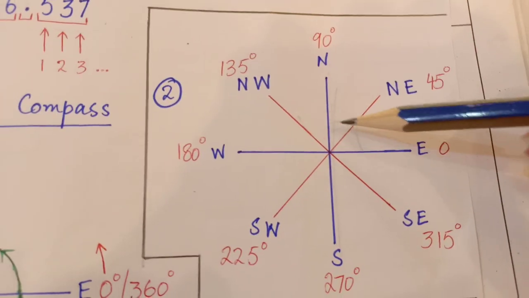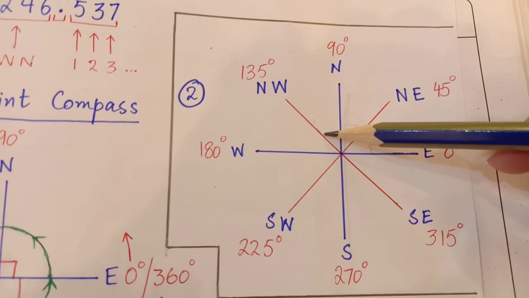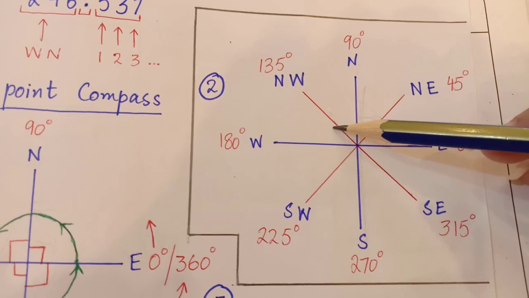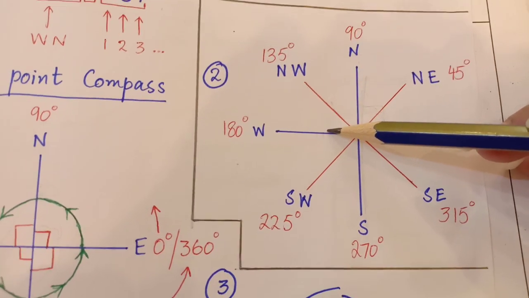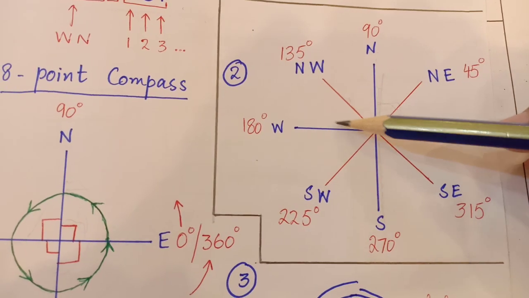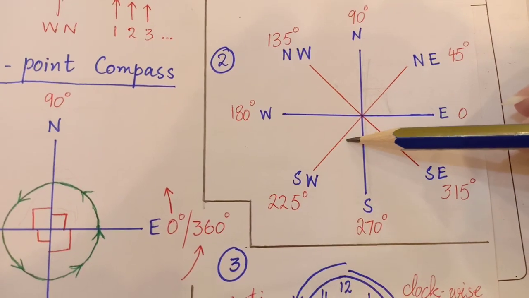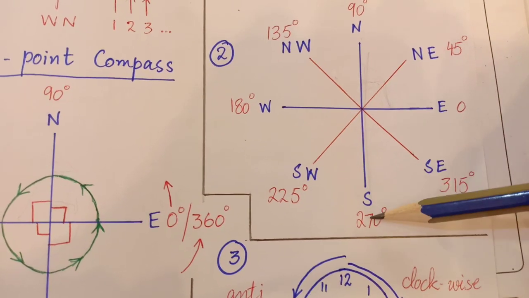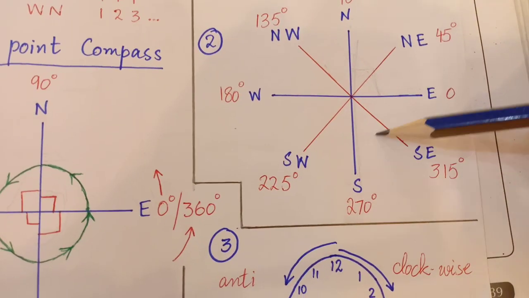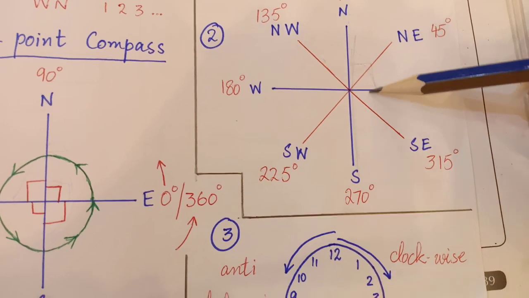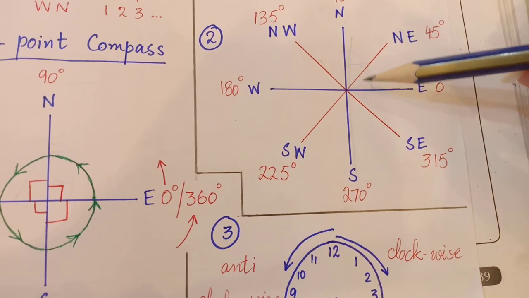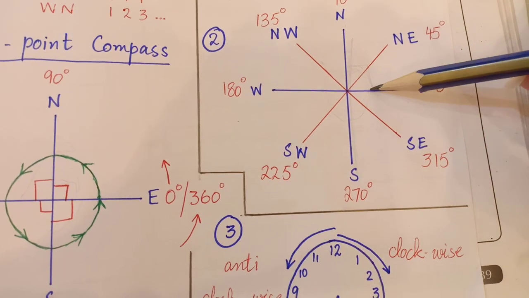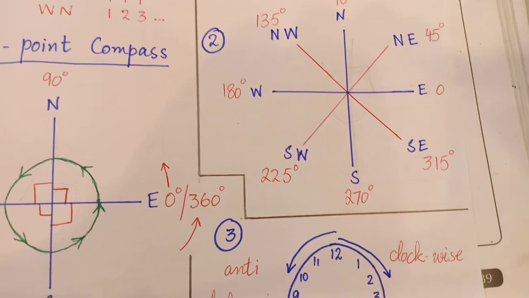So 45 plus 45 is 90, again 45 is 135, again 45 is 180, then 225, then 270 degrees, then 315 degrees, and when it makes one complete rotation it becomes 360 degrees.